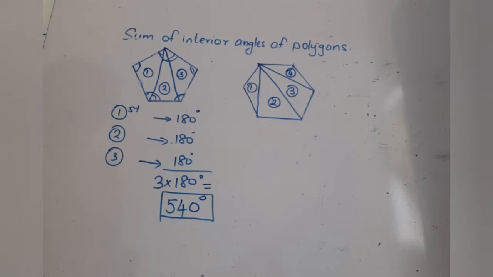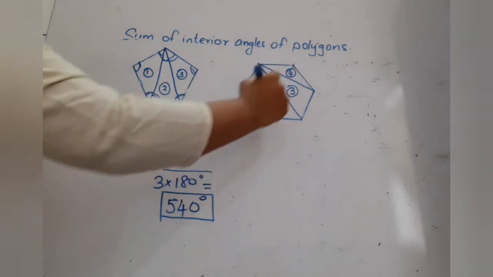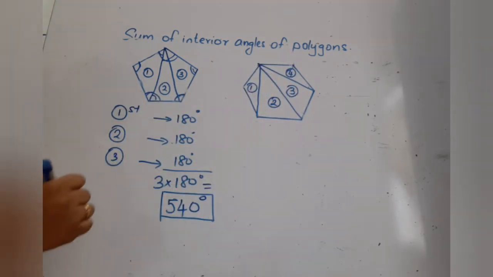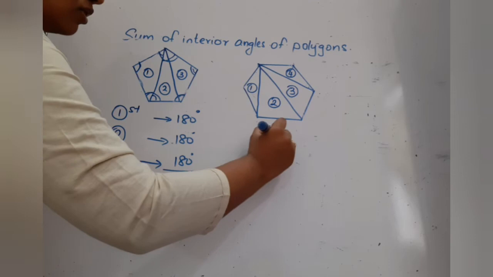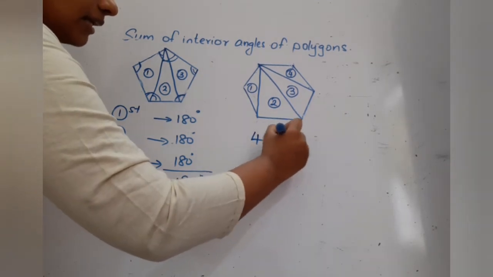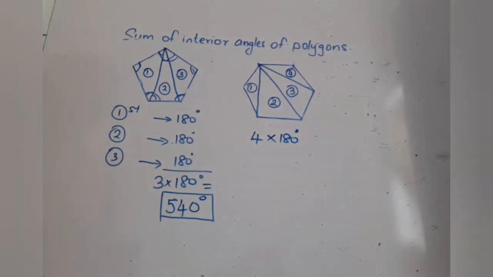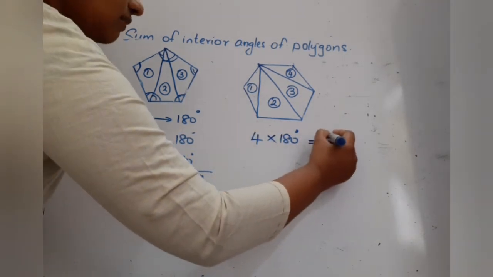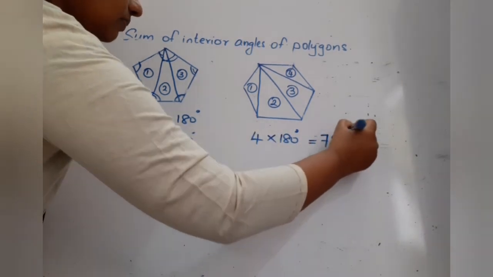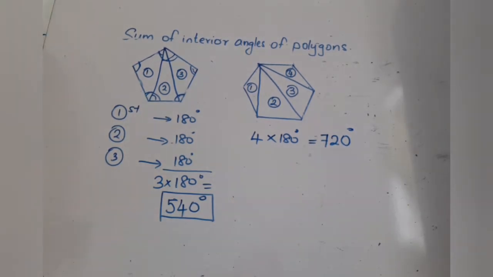One triangle has 180 degrees as its sum of interior angles. So this hexagon has been separated into 4 different triangles. The total interior angles is going to be 4 times 180 degrees, which is 720 degrees. Do you understand it now?